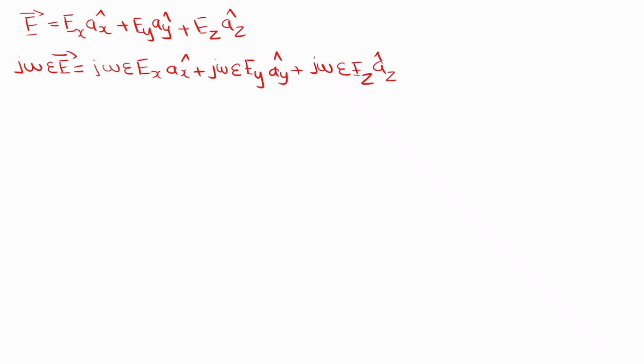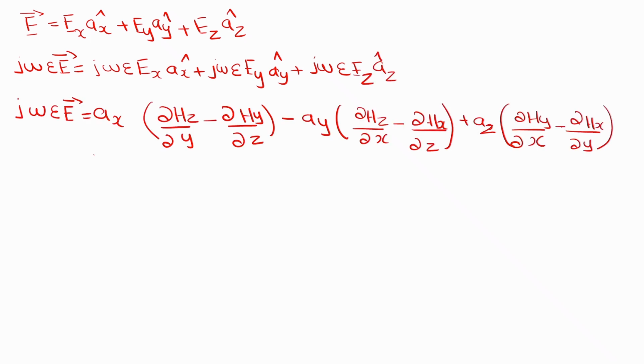So the equation becomes j omega epsilon Ex Ax cap plus j omega epsilon Ey Ay cap plus j omega epsilon Ez Az cap equal to Ax into dou hz by dou y minus dou hy by dou z, minus Ay into dou hz by dou x minus dou hx by dou z, plus Az into dou hy by dou x minus dou hx by dou y.